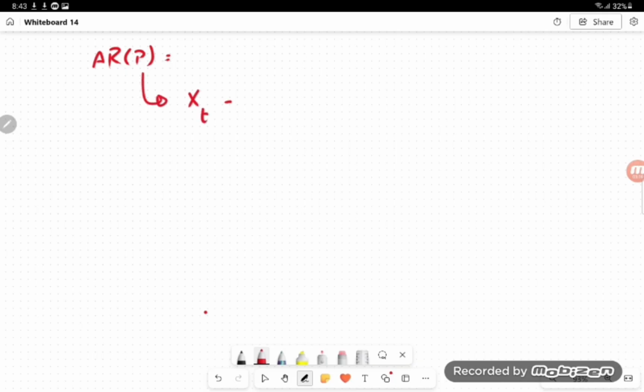x t equals summation from i equals 1 to p of rho i x t minus i plus epsilon t, where i is just like a counter. So if you would like to write AR3, for example, this counter will be 1, 2, and 3.